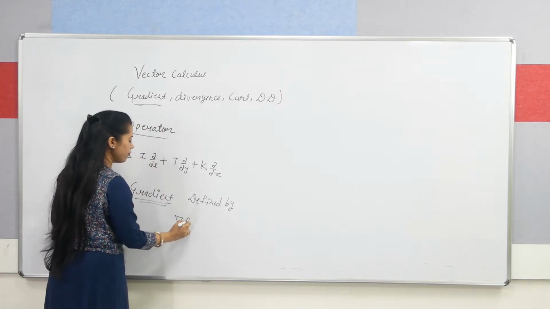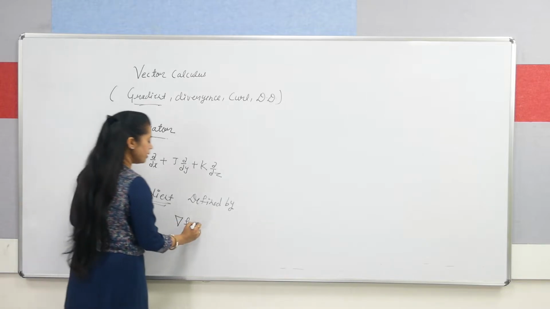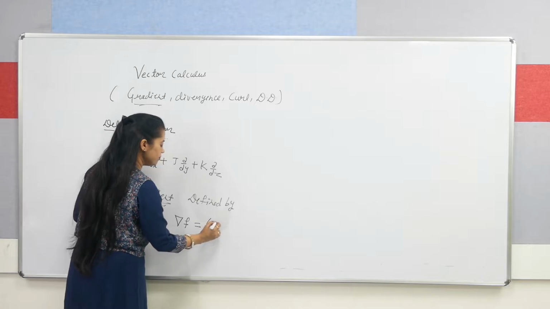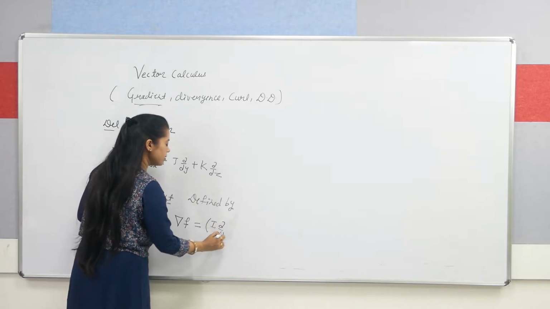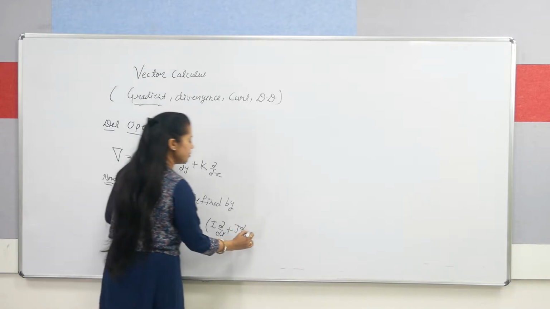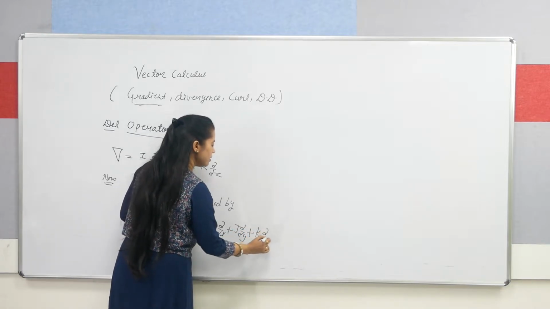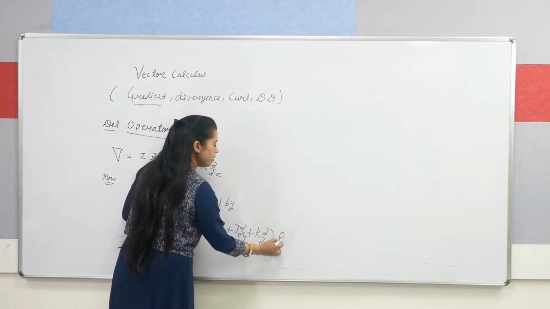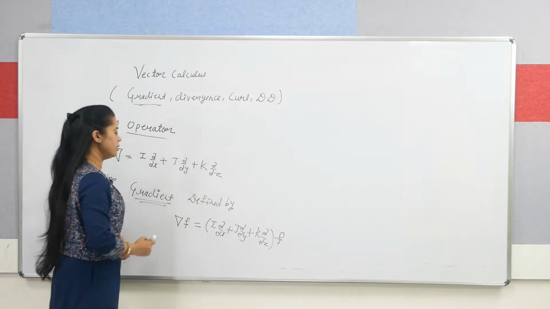Gradient f is equal to i del by del x plus j del by del y plus k del by del z, a vector, multiplied by scalar function f.